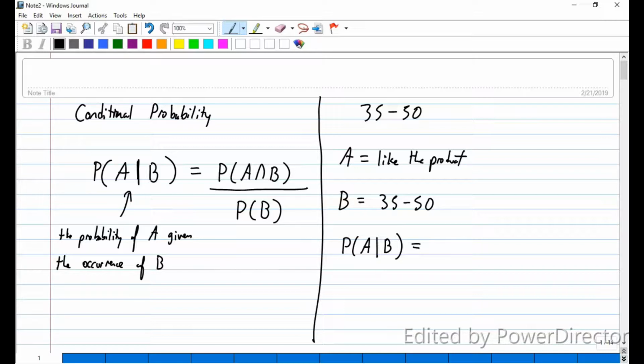Again, look at the row 35 to 50. How many does it say like the product? 193. That's out of how many? What's the total if you go over to the right? 444.